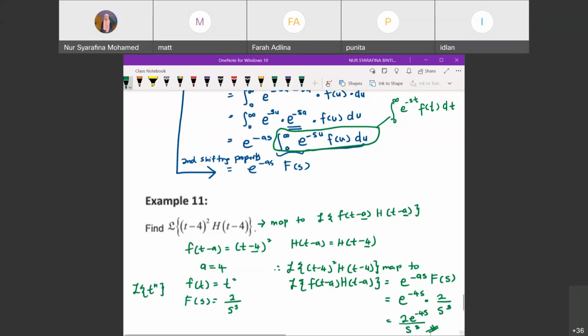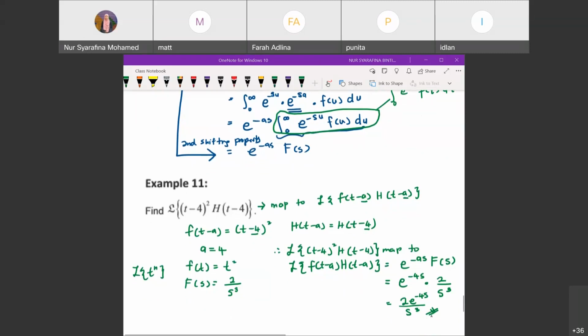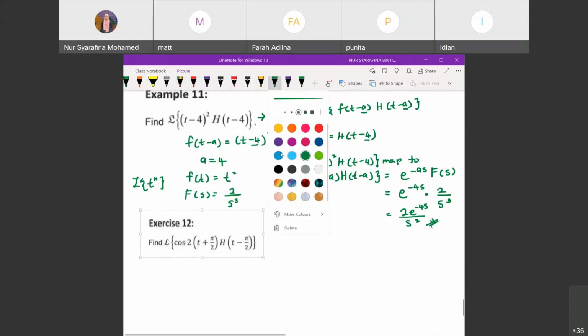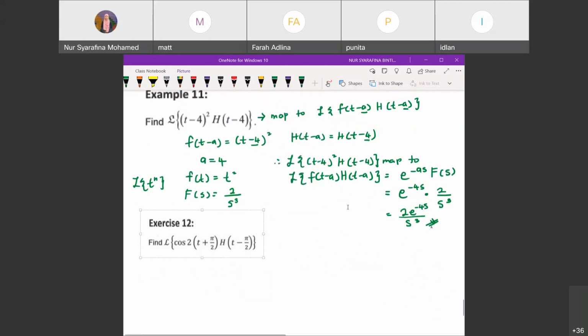Okay, so now let's try another one. All right, so you can see here, this is also mapped to f(t minus a) h(t minus a).